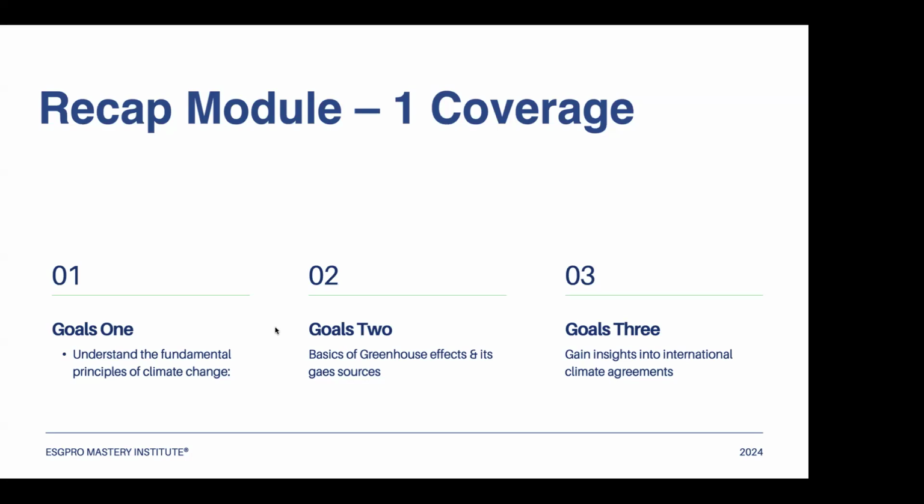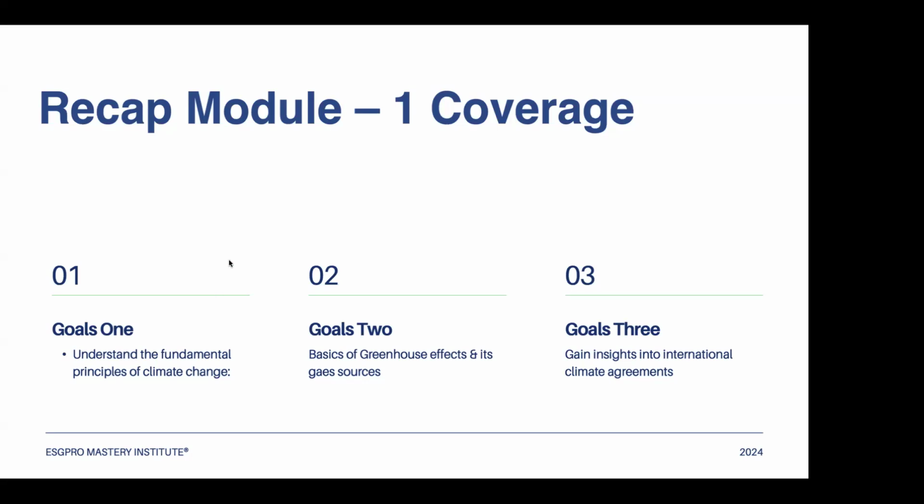Now we are going to understand the corporate action inside it. National action we have completed. Now we are going into corporate action, which is our focus, right? Because all of us either are consultants, or working for a firm, or planning to work for a firm which wants to become sustainable. And to become sustainable, the first step is to understand how much carbon emission they make.